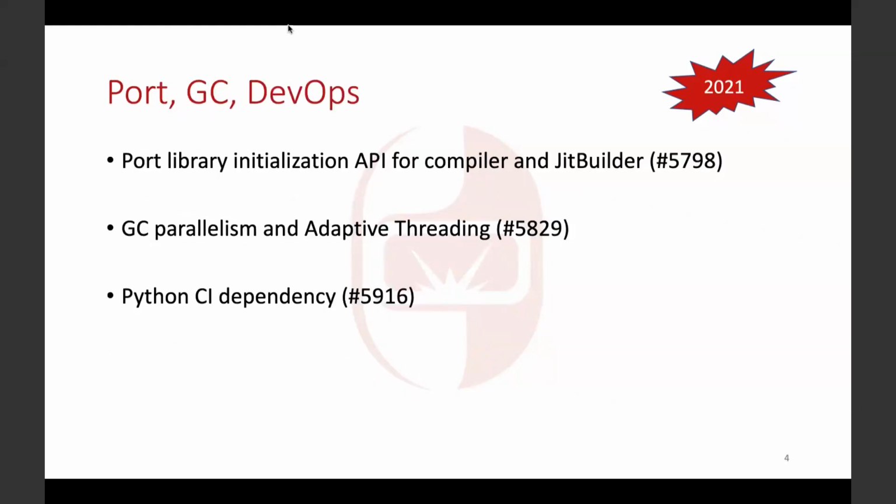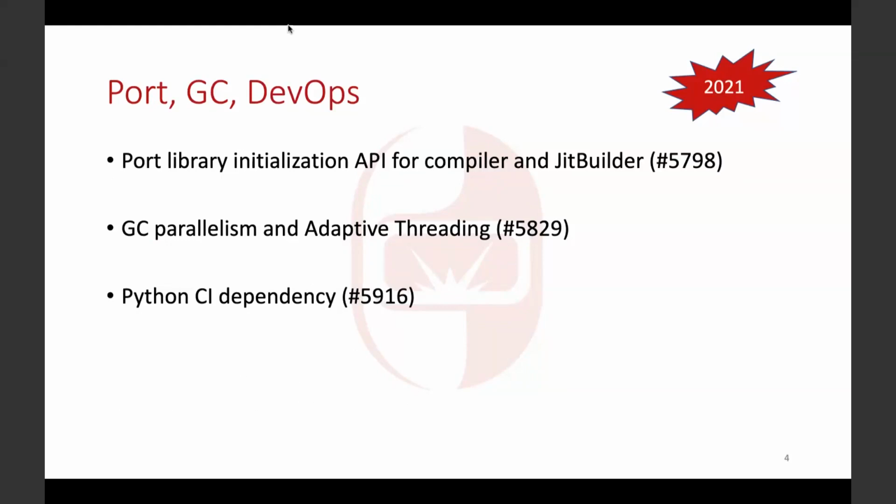In some of the other components, some of the major things that happened earlier last year, we talked about a port library initialization API for the compiler and JIT builder. This is really more along the lines of hardening the dependency between the compiler and the port library.